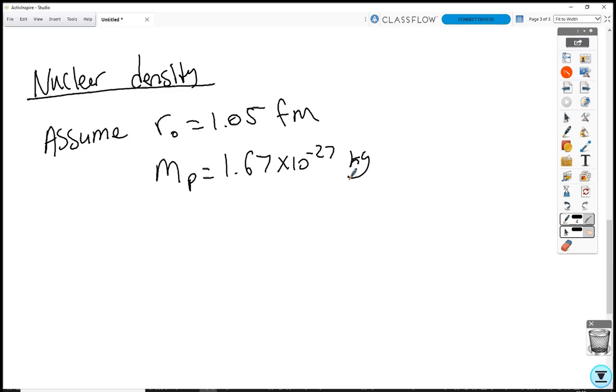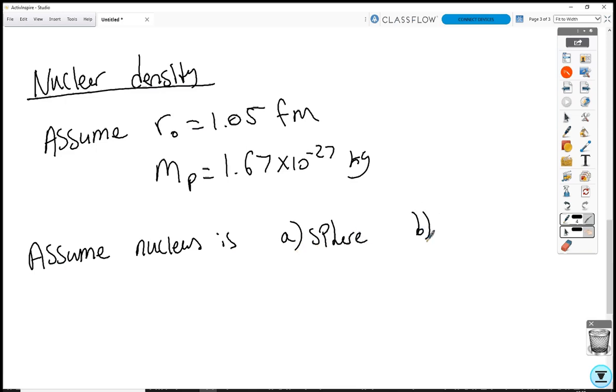Then we can assume two things, that the nucleus is either a sphere or it's a cube. So assume the nucleus is A, a sphere, B, a cube.